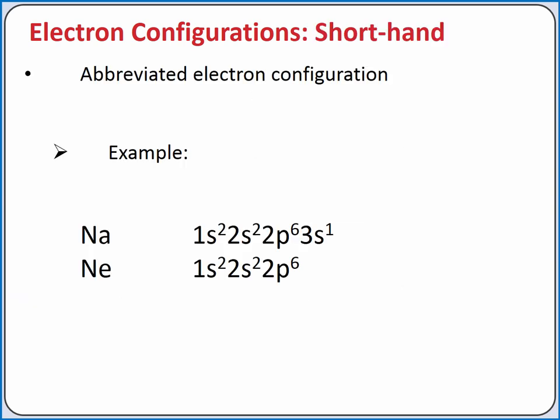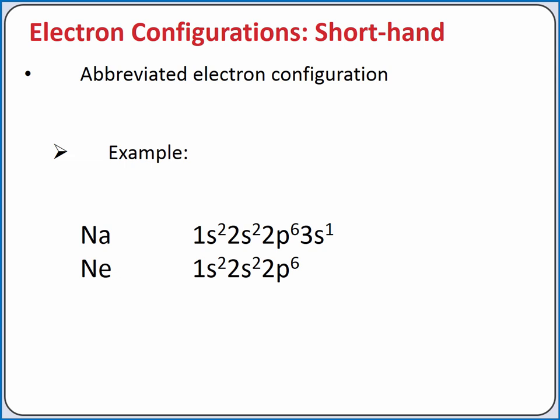We can also write abbreviated electron configurations using the noble gas that precedes the element. For example, by the time we get to sodium's electron configuration, it's becoming long. It is 1s2, 2s2, 2p6, 3s1.